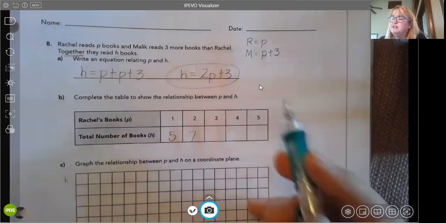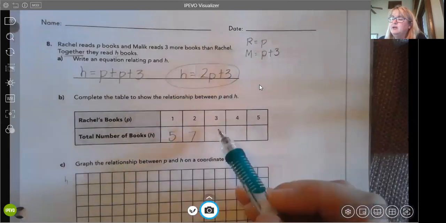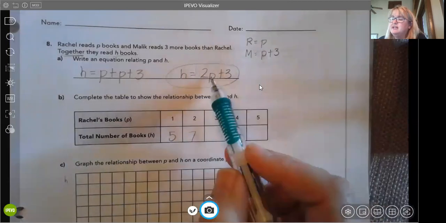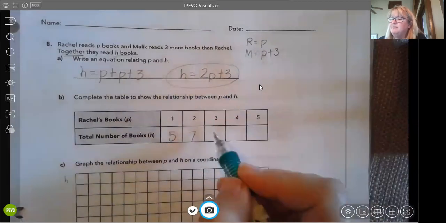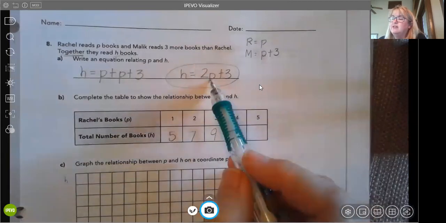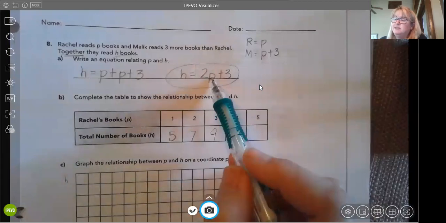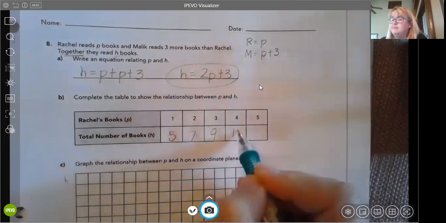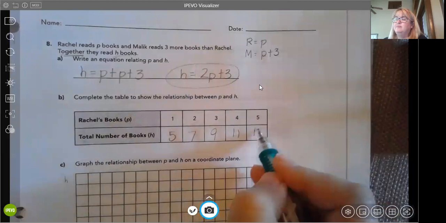When Rachel reads 3, 2 times 3 is 6, plus 3 is 9. When Rachel reads 4, together it's 2 times 4, which is 8, plus 3 is 11. And then I bet you can tell what this would be.